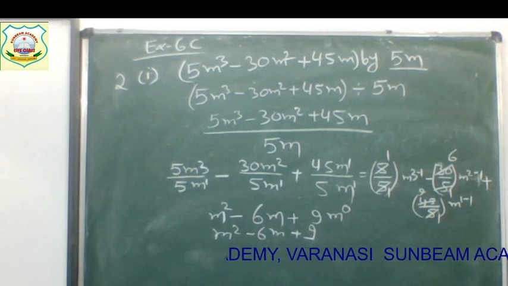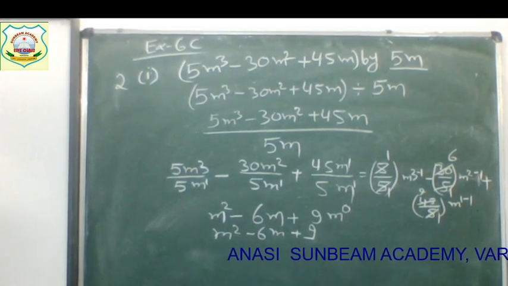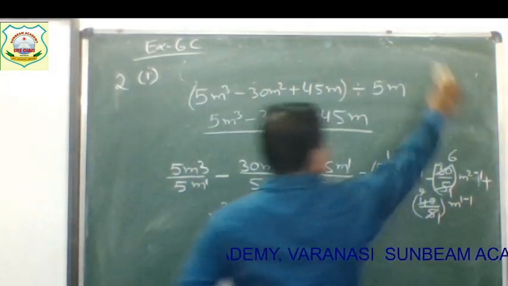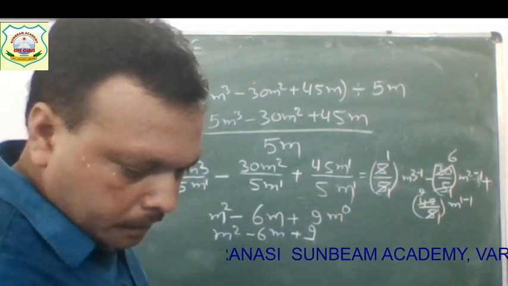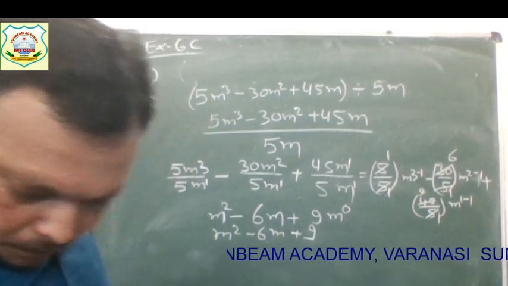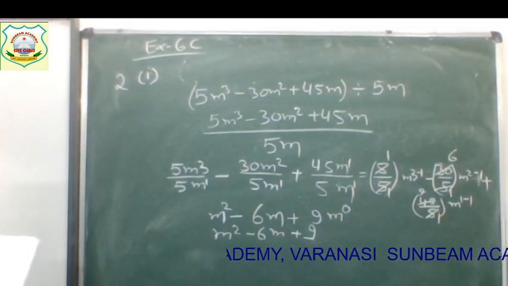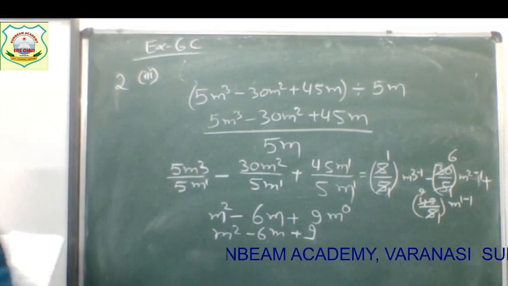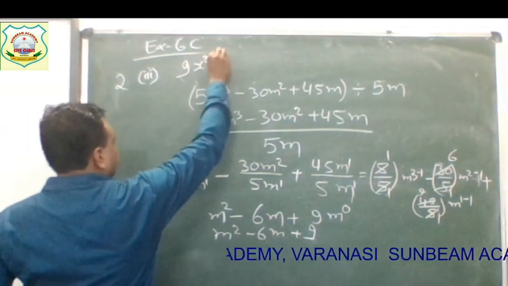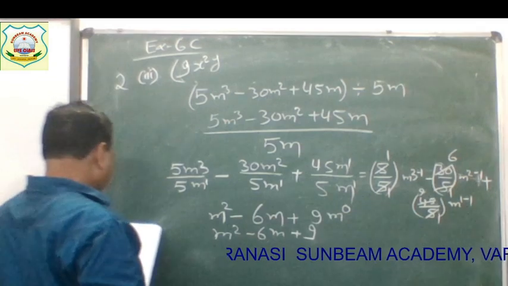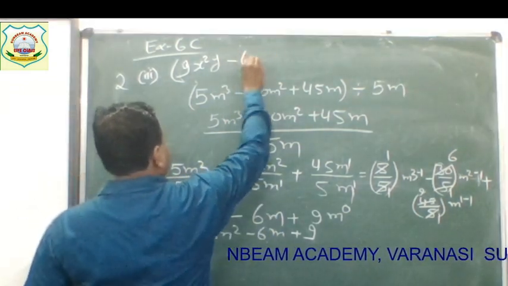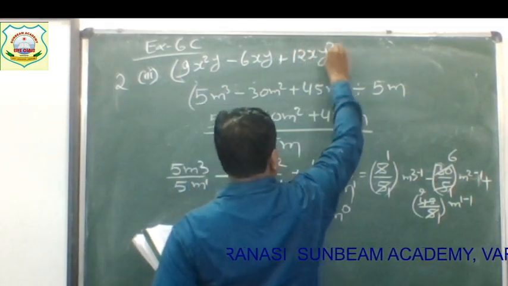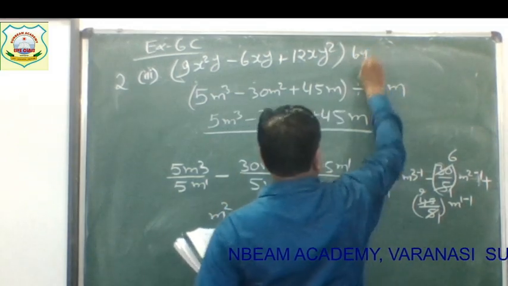Now it's the third part. Its third part is given: 9x square y minus 6xy plus 12xy square by minus 3x.